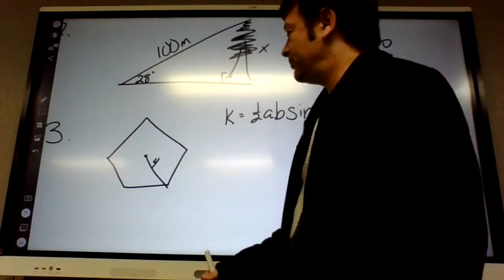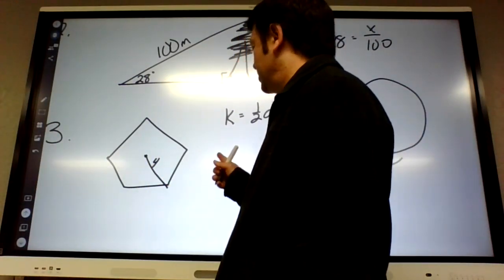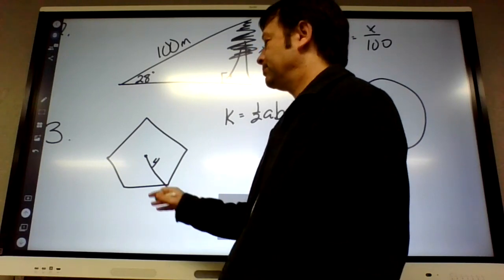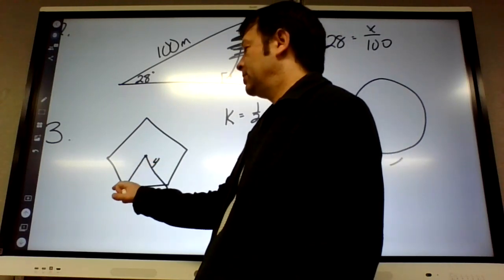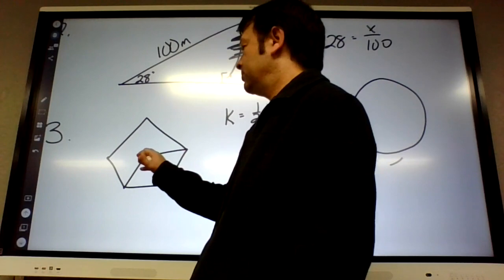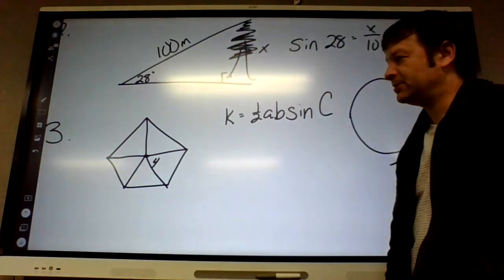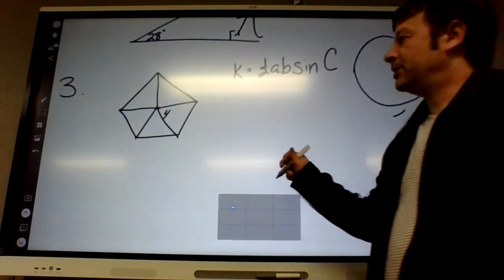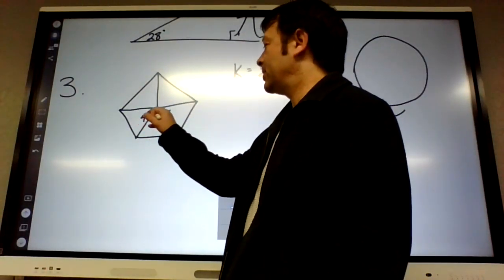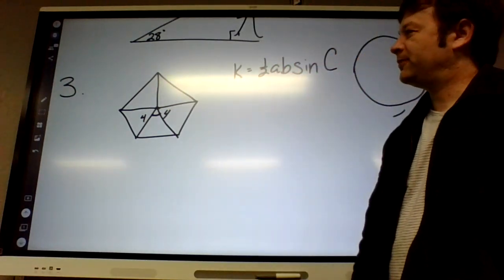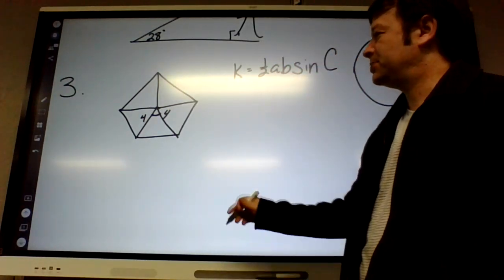Okay, so how can we find the area of a regular pentagon using the triangle area formula? Well, regular means all the sides and angles are the same. So if this is 4, this is 4, how could I figure out this angle right here? 360 divided by 5, which is like 72.